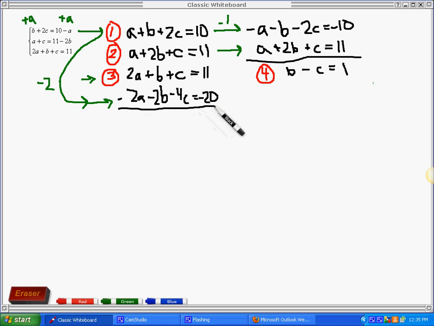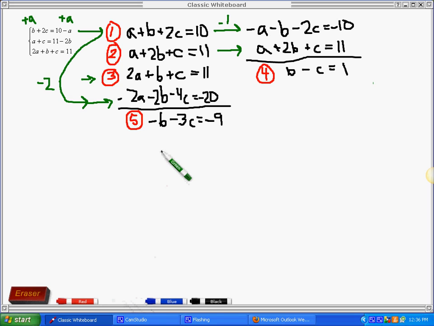And now I can cancel again. And the a's cancel. I get negative b minus 3c equals negative 9. And that gives us our second equation. We'll call it equation 5, that only has the variables b and c in it.